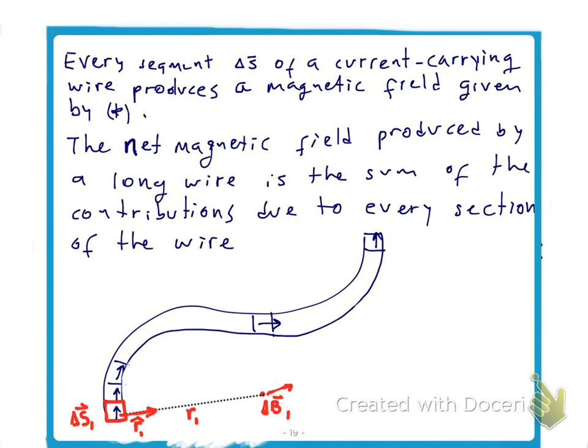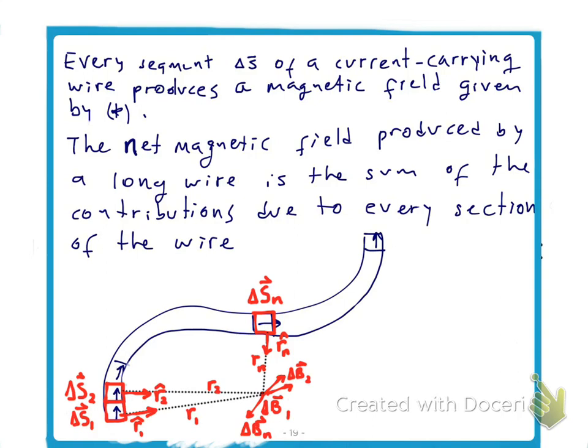There is a distance r1 between the segment delta S1 and the point in space, and the unit vector r1 hat would help us determine what's the magnetic field according to Biot-Savart, and we can do that for all the segments along the wire. So we take a different segment that has a length delta S2, it's got its own r hat 2 and r2 the distance, and that one will contribute to the magnetic field at that point in space with the vector delta B2. We do the same thing for all segments along the wire.